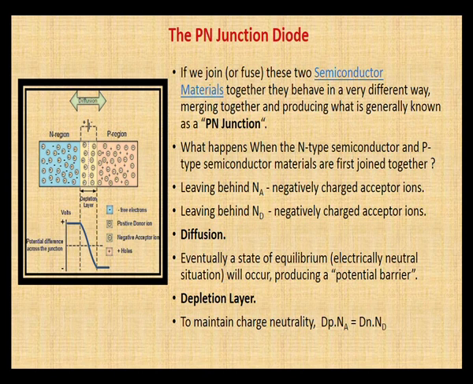Suppose there are 6 positive donor ions, there will be 6 negative acceptor ions. Okay, this creates neutrality. The formula is defined like this: NA times dp is equal to ND times dn, that is, the density of negatively charged acceptor ions multiplied by the width of the p region equals the density of donor ions multiplied by the width of the n region.